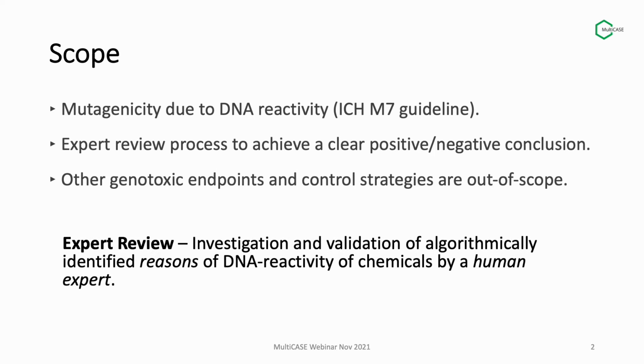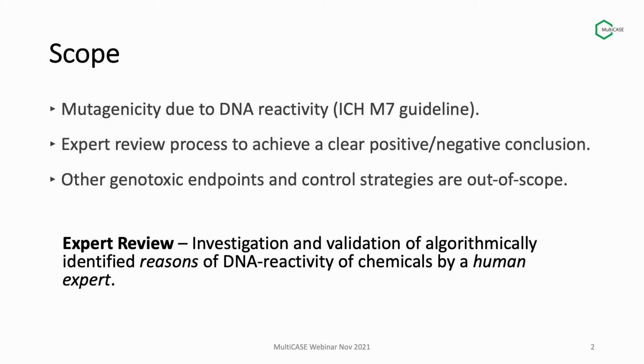So now can we define by ourselves what could be an expert review in this particular context? I think the expert review process for ICH M7 guideline based discussion of mutagenic impurities is an investigation and validation of computationally identified reasons of DNA reactivity of chemicals by a human expert.